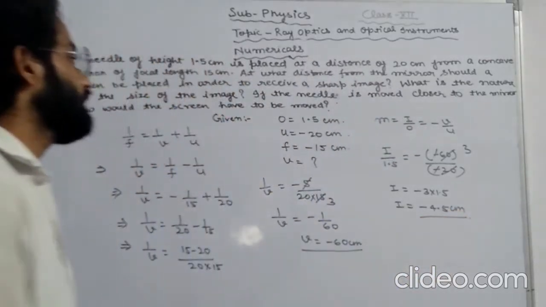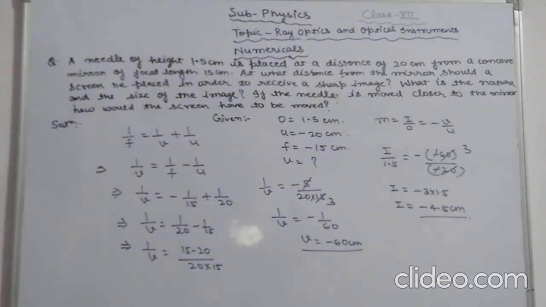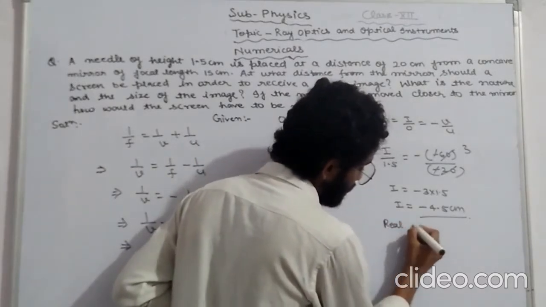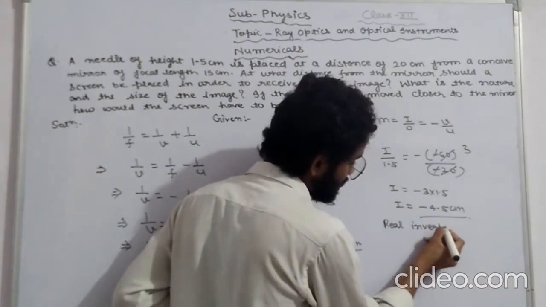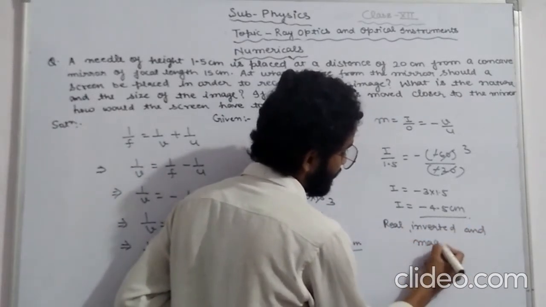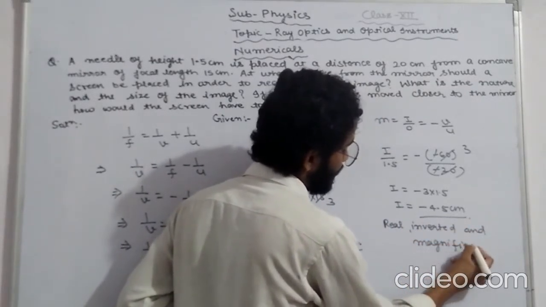So the size of the image is minus 4.5 centimeter, and the image is real, inverted and magnified.